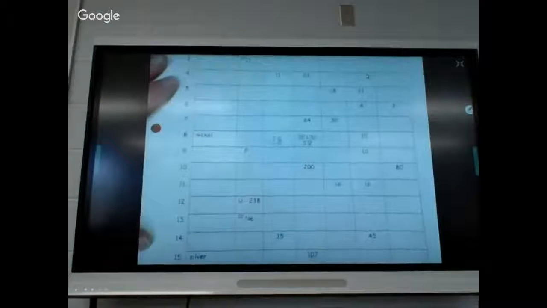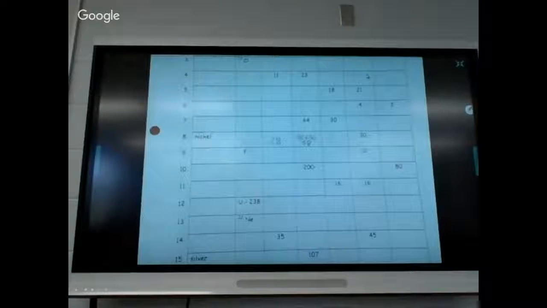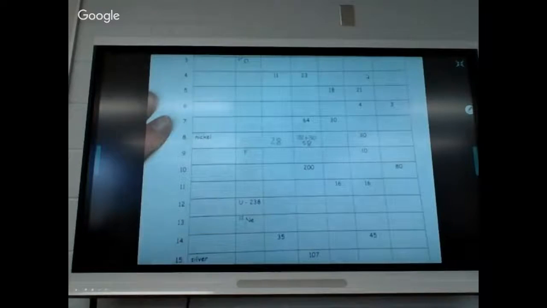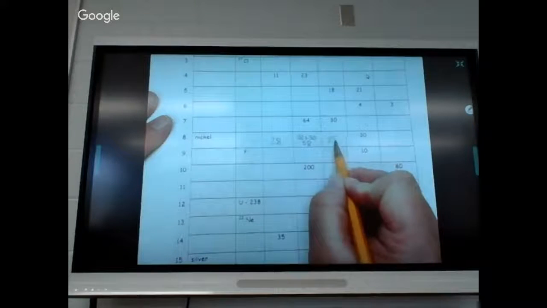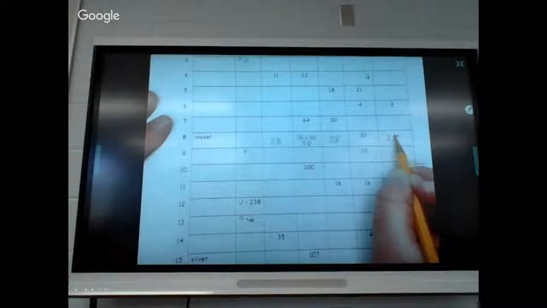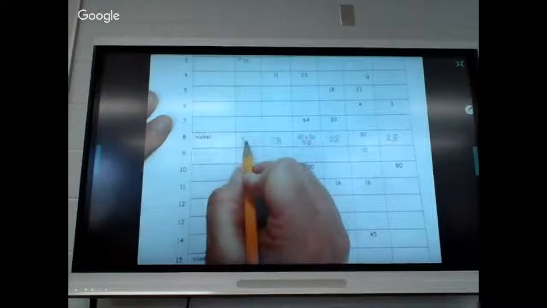Plus, what are my neutrons? 30, so I get 58. I don't round based on what's on the periodic table. I get 28 plus 30, and that's how I get 58. I never look up the atomic mass. So, if my atomic number is 28, how many protons do I have? How many electrons do I have? 28. And my symbol for nickel is Ni.